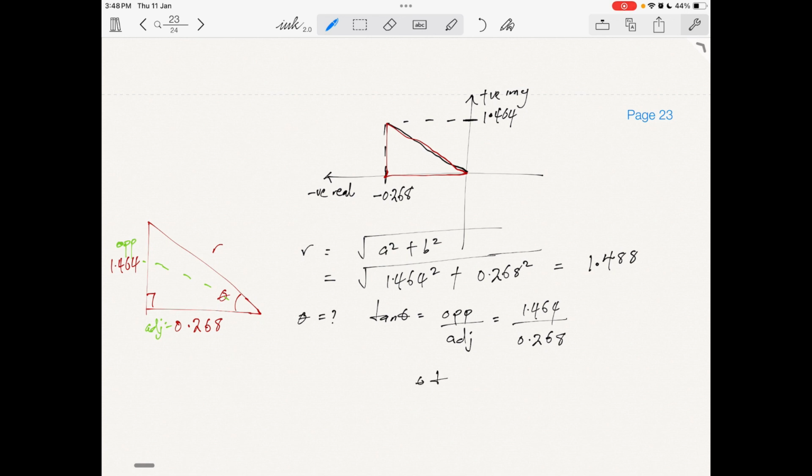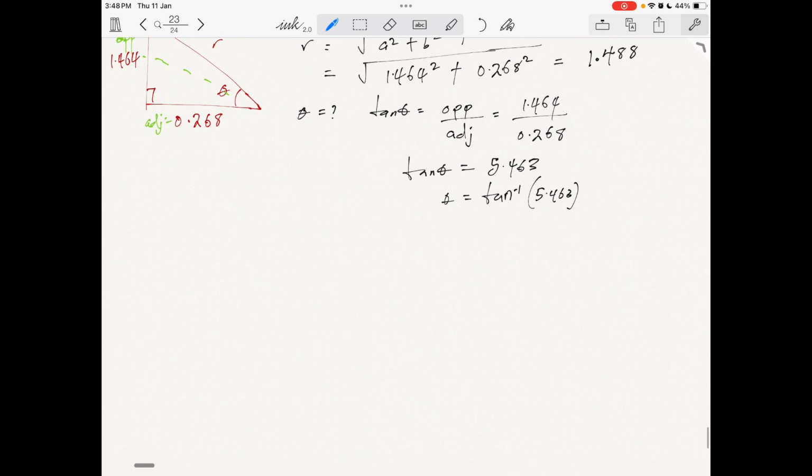So tan theta will be equal to 1.464 divided by 0.268. This will give us 5.463, and theta will be equal to 79.63 degrees.